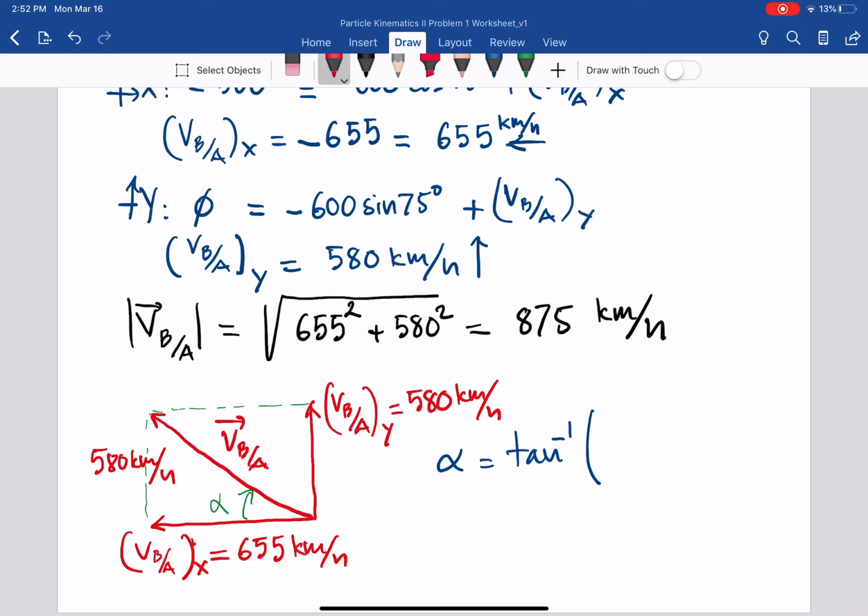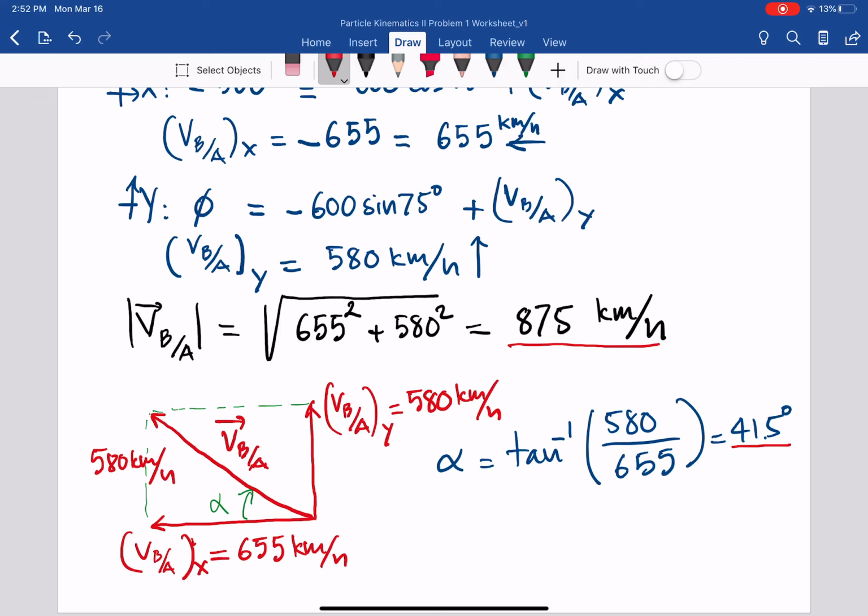So let's write down here 580 divided by 655, and you get 41.5 degrees.